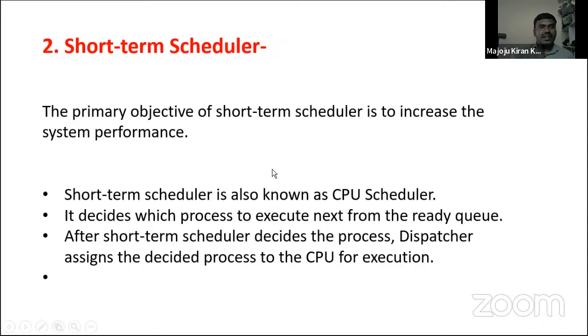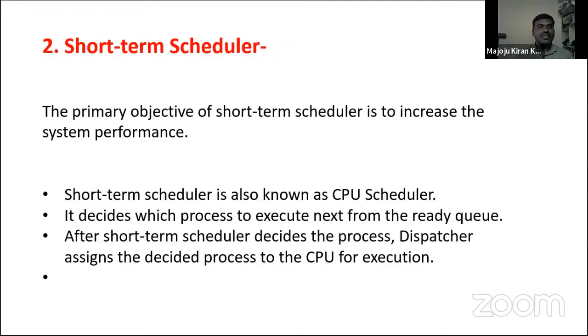So the short-term scheduler is actually for the purpose of what? The context switching between multiple processes. While the processes are to be run, the context switching should be done. Here the context switching is the main job of the short-term scheduler.